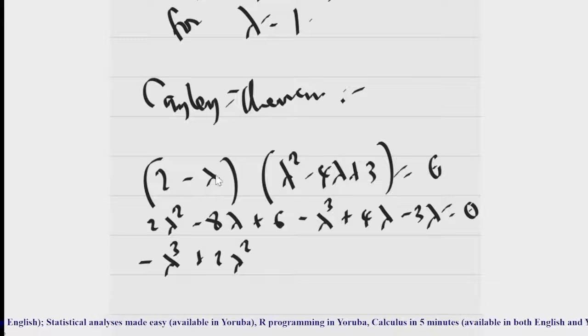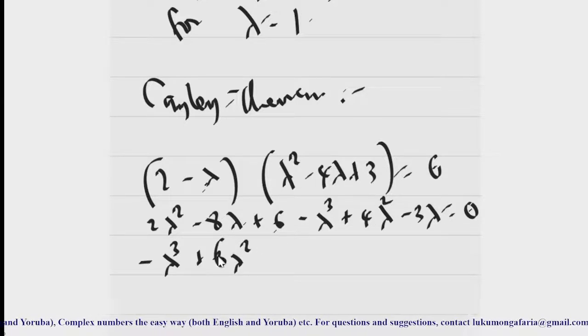Let me multiply it again. 2 lambda squared minus 8 lambda plus 6 minus lambda cube plus 4 lambda squared. Sorry, I made a mistake. Plus 4 lambda squared and minus 3 lambda. So it means this should be 6 lambda squared.